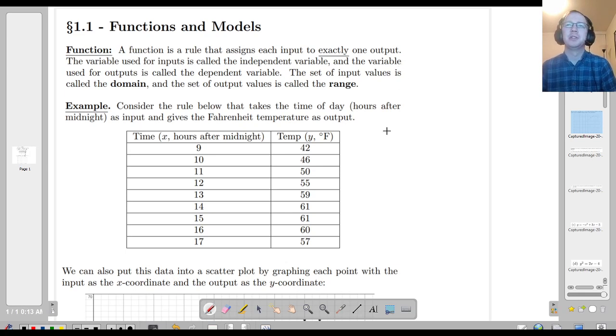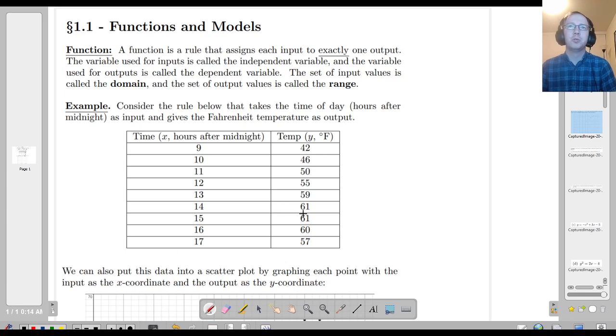To help us make sure we understand that definition though, I just want to look at a basic example of a function. And it's probably not going to look like other functions you've seen before. Okay, so you're probably more used to seeing something like y equals 3x plus 2, right? But instead, we're going to look at just kind of a verbal description of some times and temperatures.